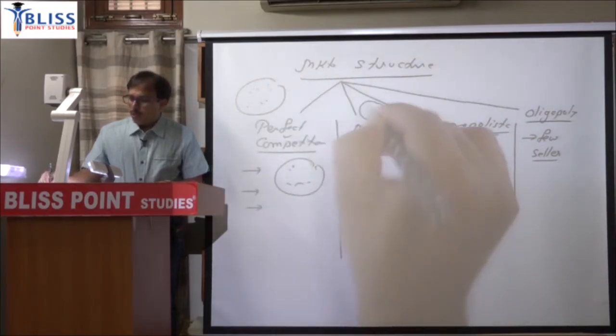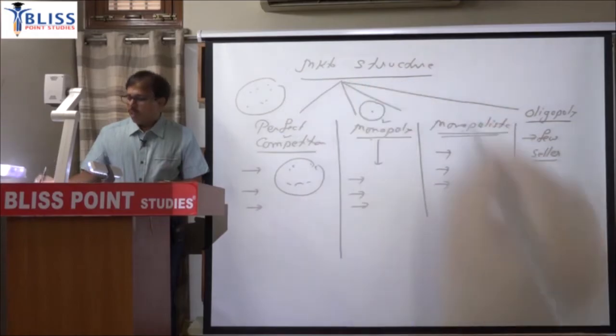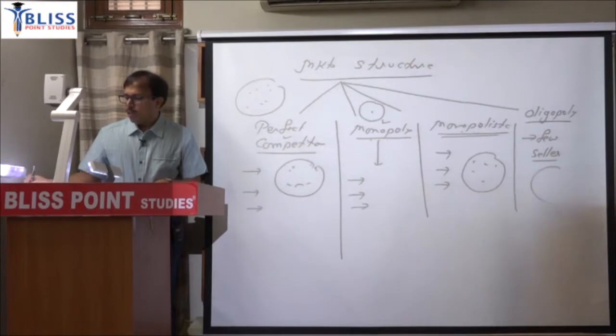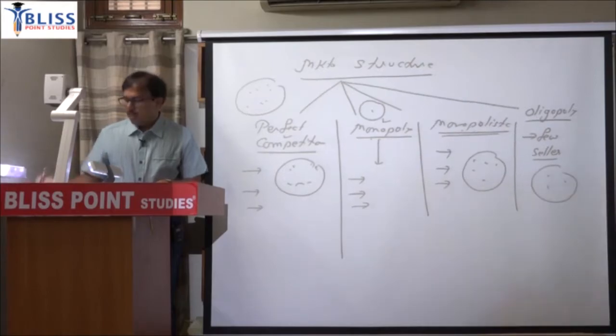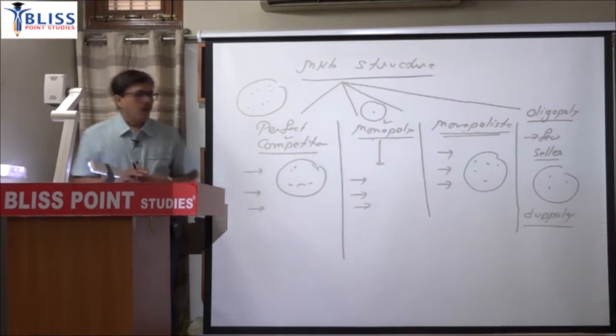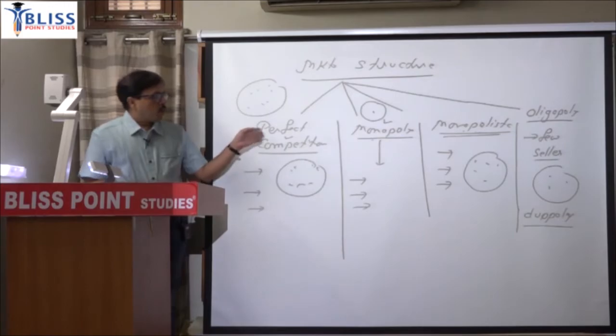In the same market, there could be only one seller. There could be many seller producing differentiated product, or there could be only few seller in market. Exactly अगर दो ही seller हुए, then market you call it duopoly. Clear? So you have to refer all form of market.